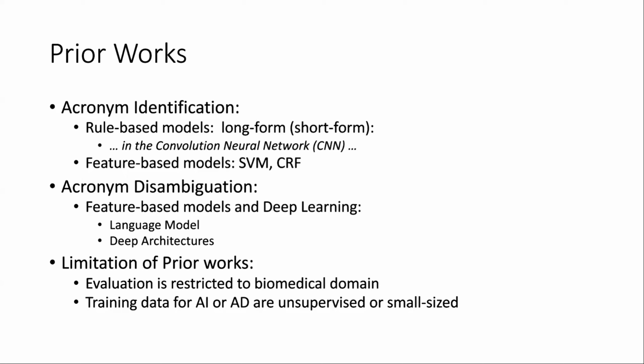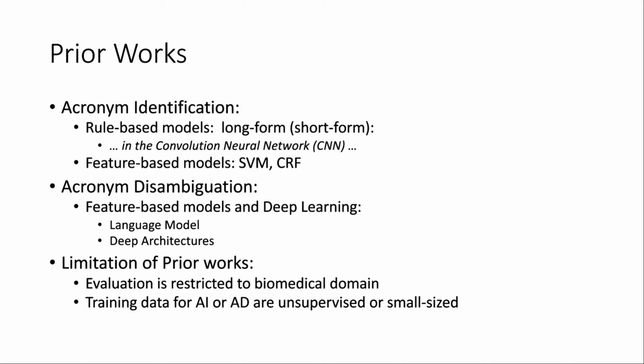But the limitation of these works is that, firstly, most of these works are evaluated in the biomedical domain. And we know that in other domains, such as the scientific domain, we have a lot of acronyms. So it is important to evaluate these models in these other domains too.